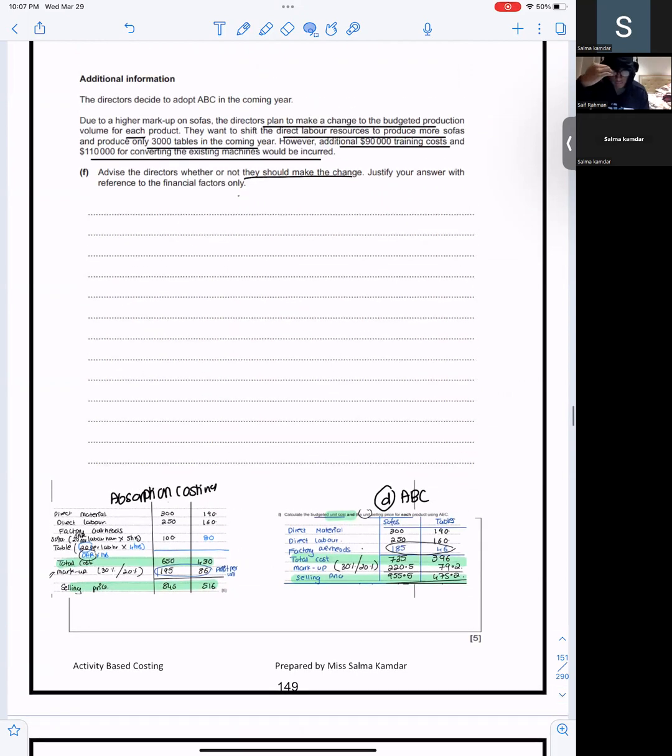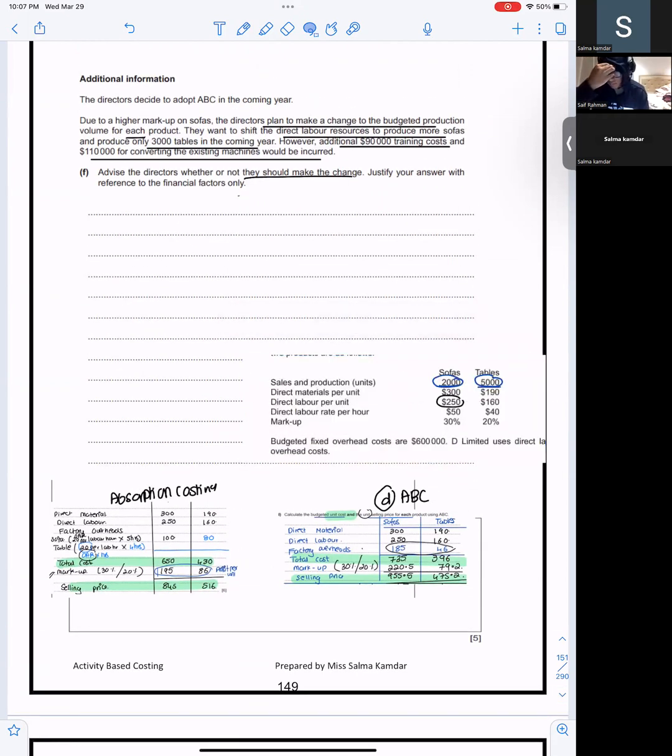To make 5000 tables, how many labor hours are needed? 160 divided by 40, into 5000. We needed 20,000 labor hours to make tables, right? Now the directors want to make only how many tables?